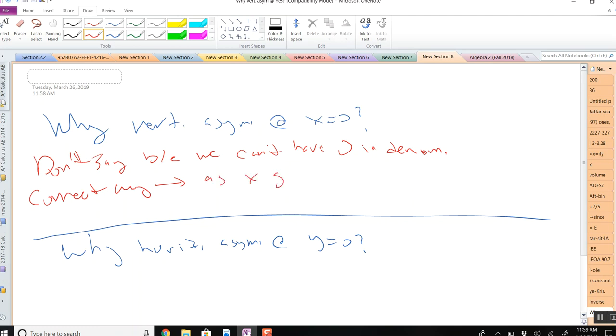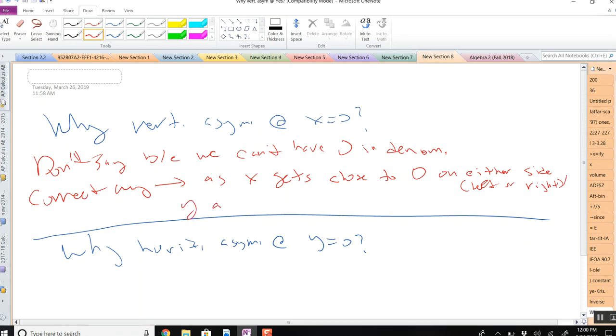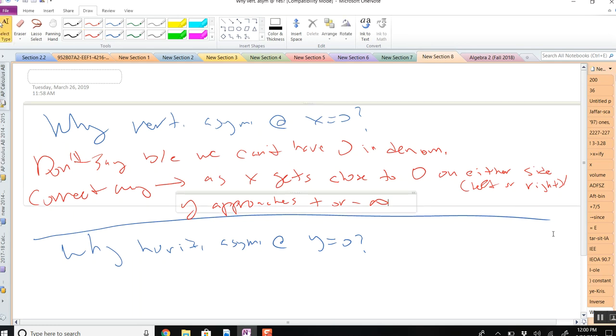As x gets close to 0 on either side, so basically from the left or the right, y approaches positive or negative infinity. That is the reason why we have vertical asymptotes.